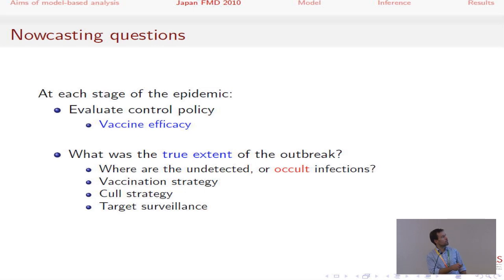And then also, what was the true extent of the outbreak? So can we actually attribute a probability to each presumed uninfected farm that they are actually infected, we just haven't detected them yet? So they're these occult infections or cryptic infections. Can we then use this information to inform on vaccination strategy, cull strategy, targeted surveillance, etc.?